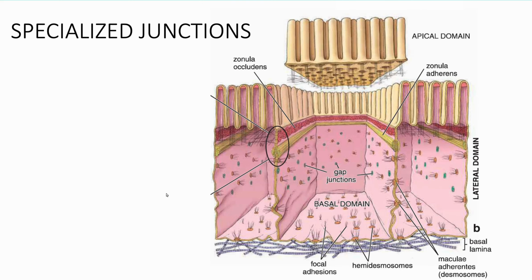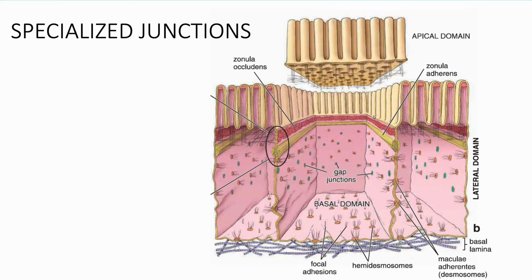Moving on, this is a schematic diagram showing the specialized cell junctions. Basically this one is a cell, this is another cell, and this is the area of another cell. Three cells are shown over here, and the intracellular components have been removed to show the cell membranes, the exterior of the cell membranes, and the domains very clearly.